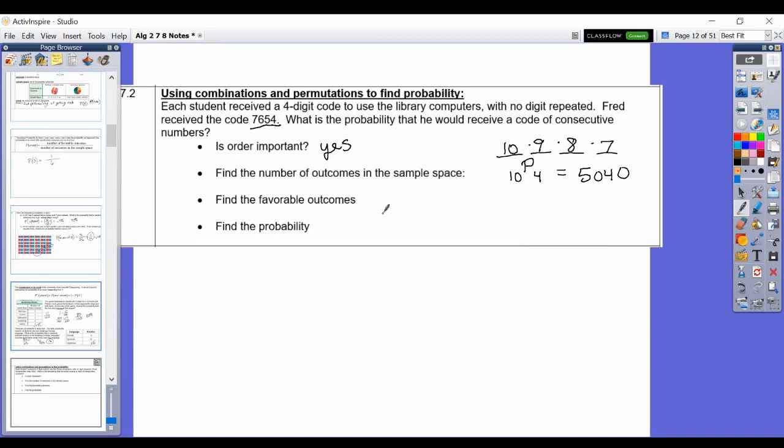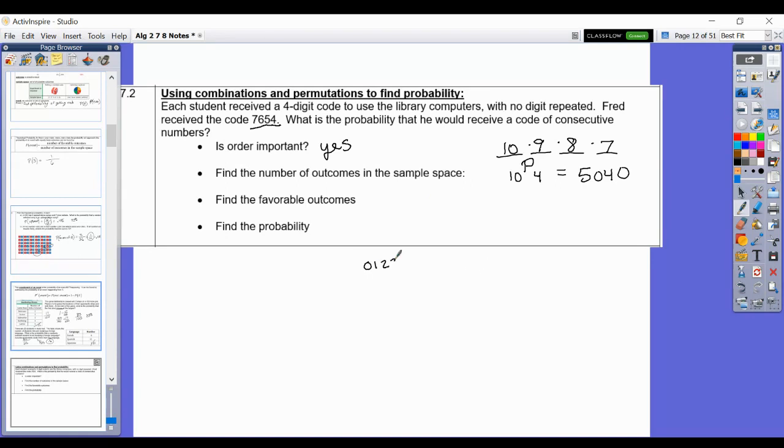We want the favorable outcomes. The favorable outcomes for him are, let's see, they just have to be consecutive numbers. So let's start making a little list of consecutive numbers that could be my code.